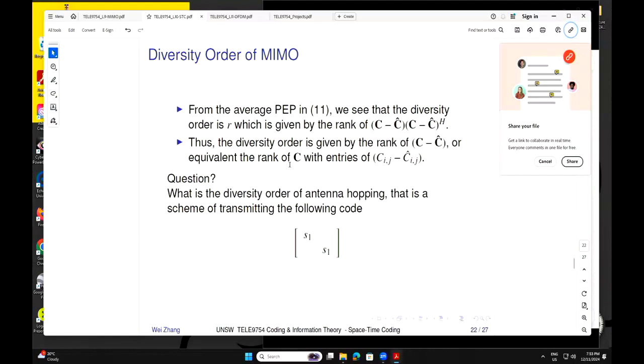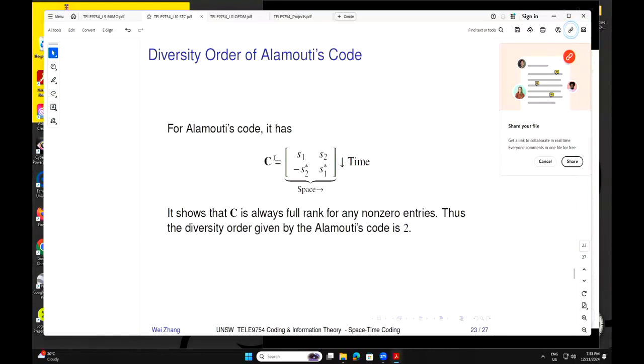For example, the arithmetic code. Let me see where it is. Yeah, arithmetic code here, C. If C is given by the arithmetic code, you can see C here, if it is not 0, is always full rank, unless it's 0. It does not have the case of rank 1, because S1 is on the diagonal, S2 is on the anti-diagonal.